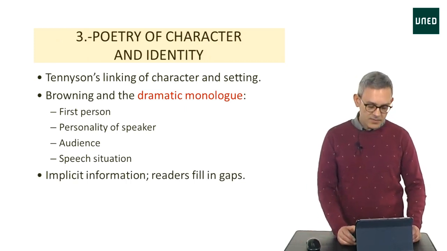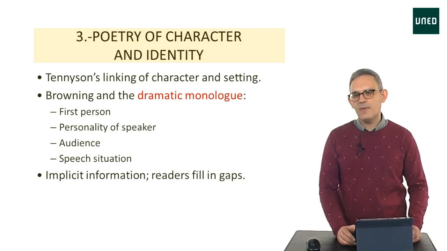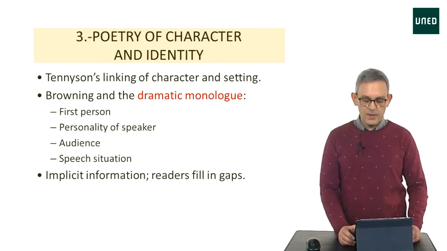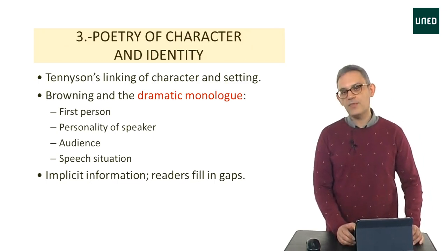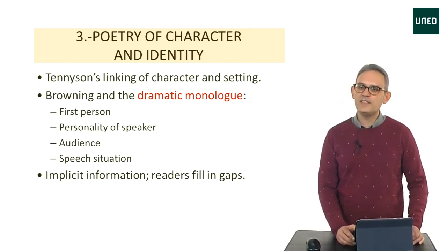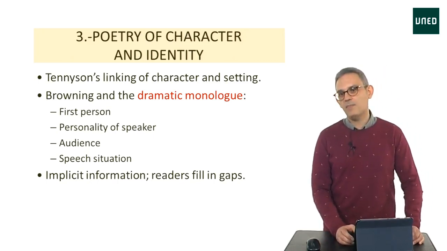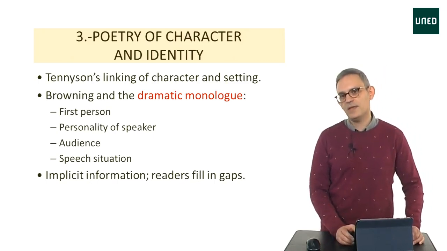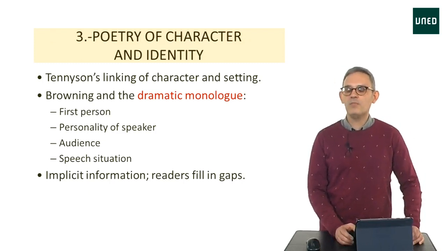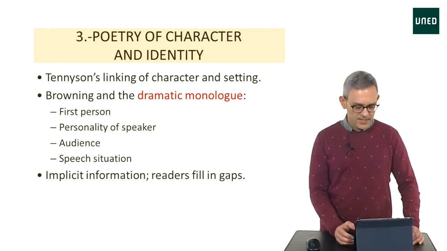In Browning's dramatic monologues, it is often the case that the main character conceals or does not make important information explicit, so that readers are expected to fill in gaps. This happens in My Last Duchess, which is perhaps Browning's most perfect dramatic monologue.